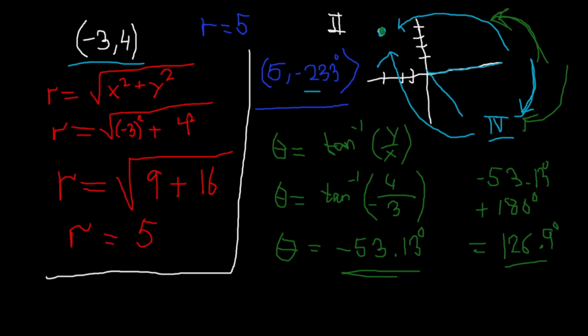Both of them work. So it could be 5, 126, or 127 degrees. You can round it however you want.